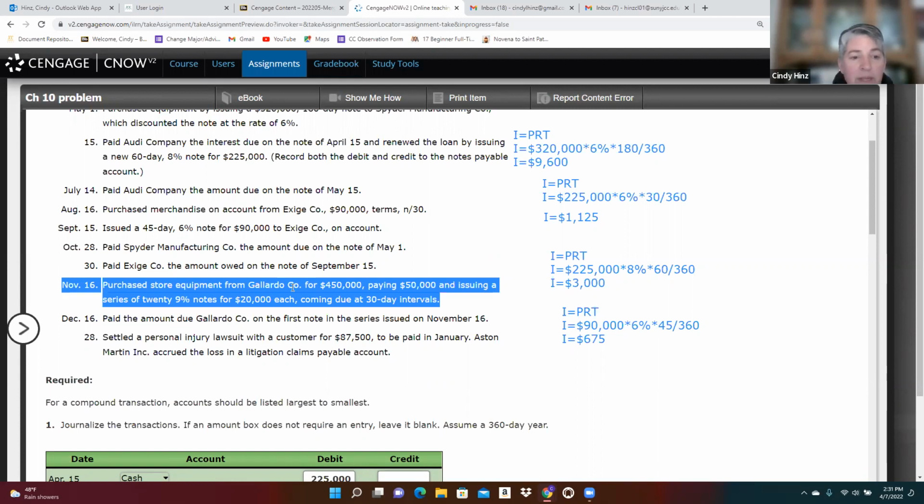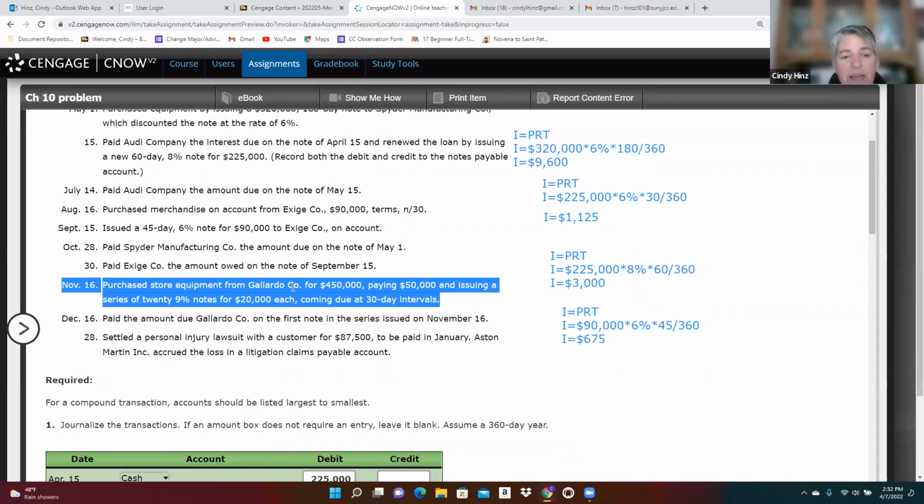On November 16th, we purchased store equipment from Gallardo Company for $450,000. That's the value of the equipment. We paid $50,000, so that's like the down payment. And then we're going to finance the other $400,000 by issuing a series of 20 9% notes, $20,000 each, coming due at 30-day intervals.